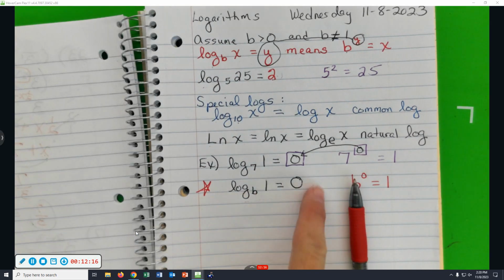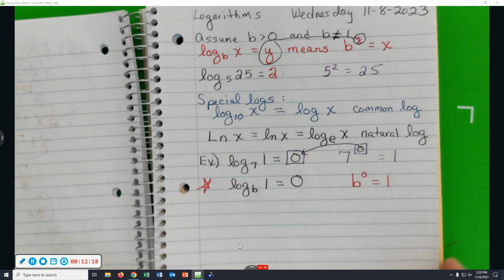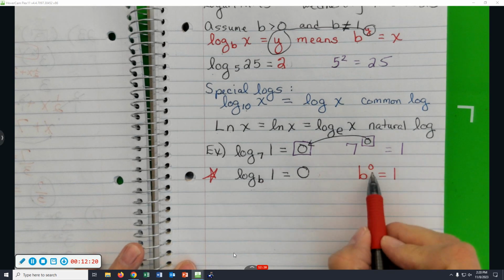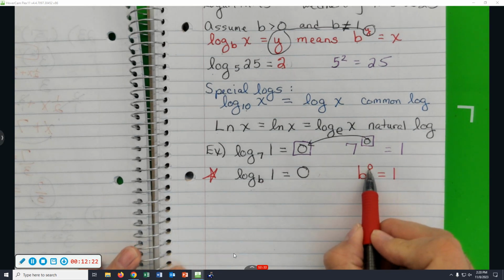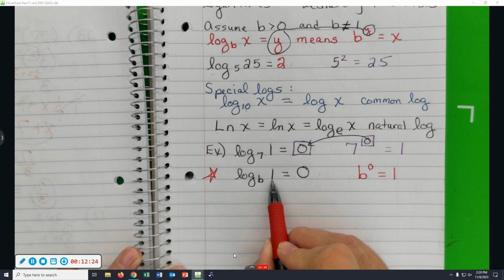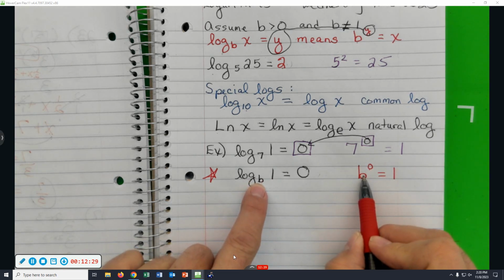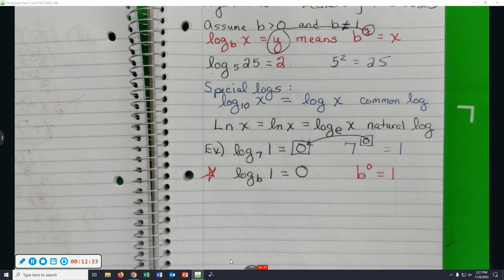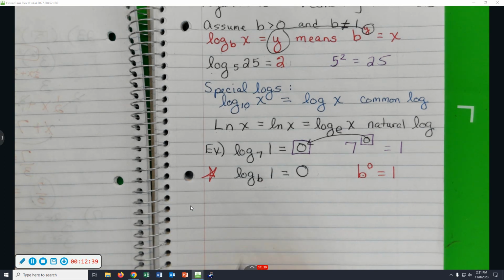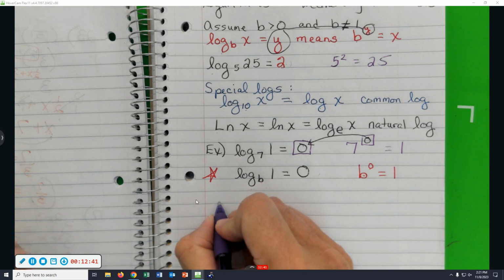Here's another way of writing the exact same thing. Just notice, with exponents, the 0 is written small. When you write it with a logarithm, the base is the thing that's written small. Why does he carry on about that? It's just two different ways of writing the same thing. Now I'm going to state another rule here.